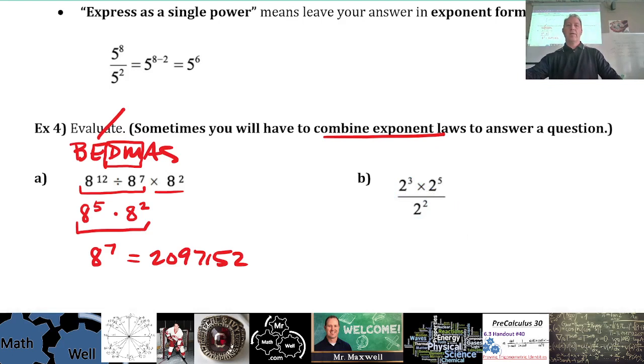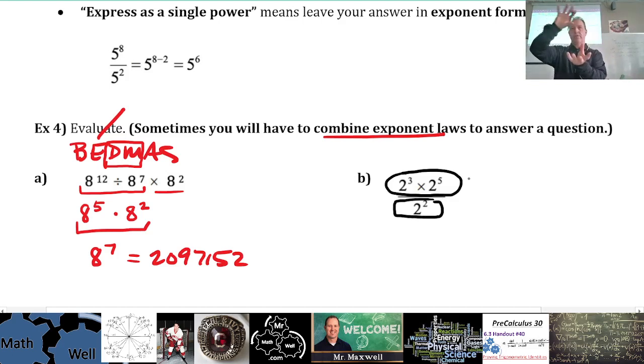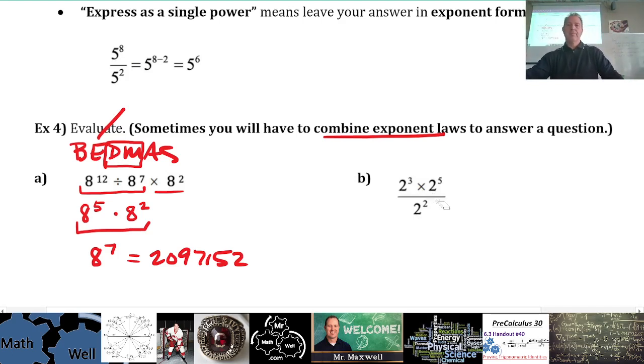So what I would always suggest is try to focus on the numerator alone and evaluate, or at least simplify using exponent rules. Do the top first, squish together the top, simplify the top a little bit, and then simplify the bottom or denominator separately. Then you can do that division afterwards, okay?